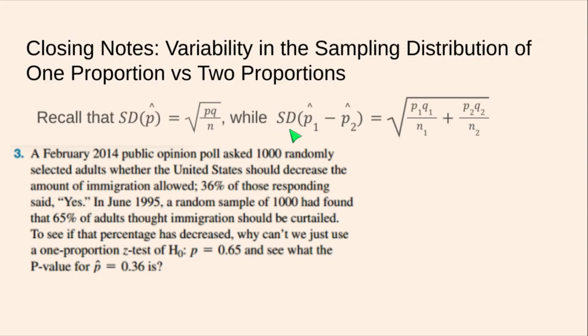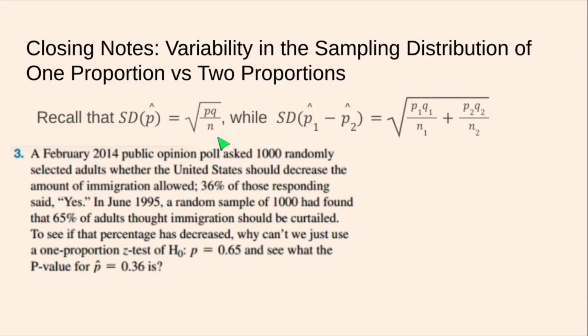Whereas the standard deviation of the sampling distribution of the difference of sample proportions is different, right? And notably, we include more proportions, so we need to include more variability. That is why we take the square root of a sum of proportions as opposed to just one. That becomes really important when we get questions like problem number 3.